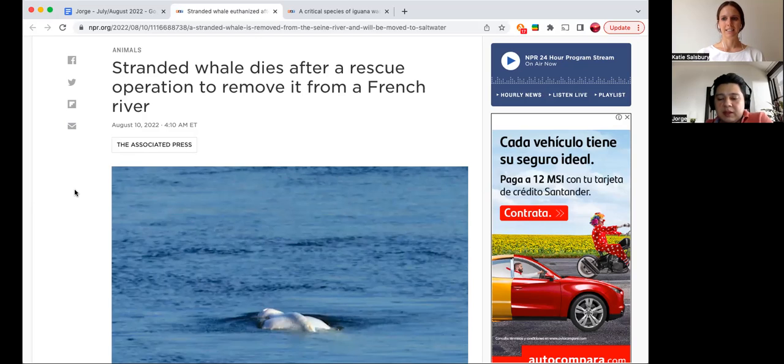Yeah, I guess it's a common human thing. If creatures smaller than us are dying, we just don't care. But when we see something as big as a whale, we start to wonder what's happening and if it could happen to us.